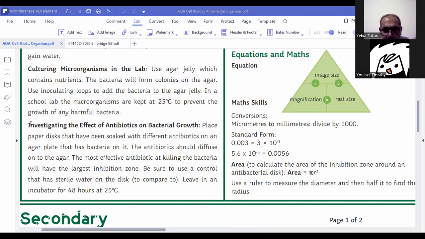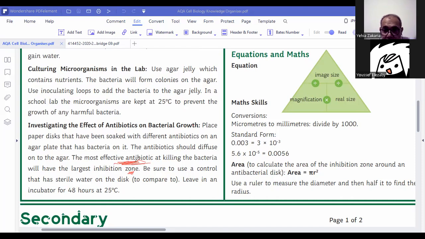Inhibition zone is like the place where the antibiotic attacks the bacteria. Inhibition zone means the zone where the antibiotic works on the bacteria which we grow on the disk.